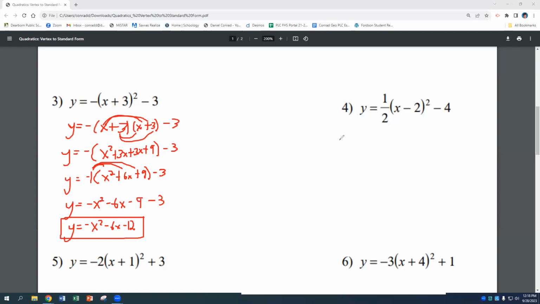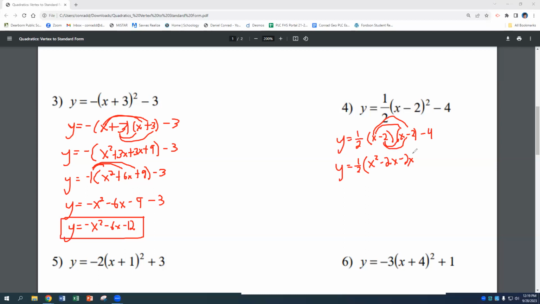All right, number 4 over here. Again, a here is a half, so I'm going to leave the half on the outside. And then I have x minus 2 and x minus 2. And then -4. So I get 1/2. And then I'm going to leave the rest of this in parentheses here. X times x is going to be x squared, minus 2x, minus 2 times x is minus 2x.